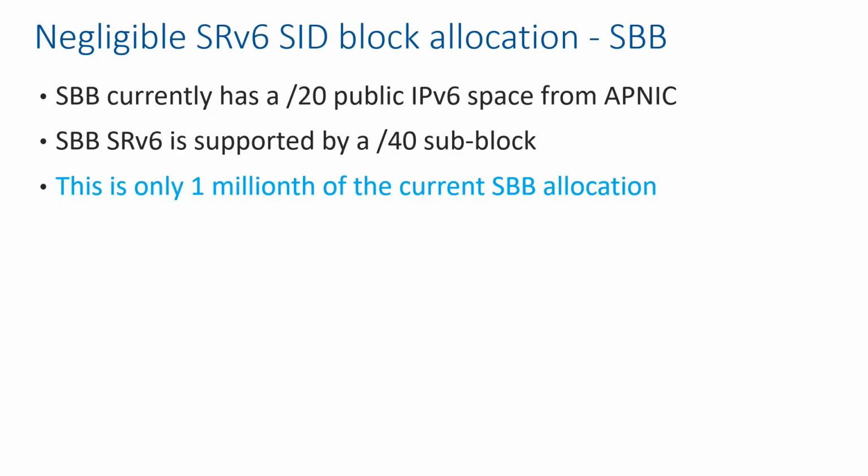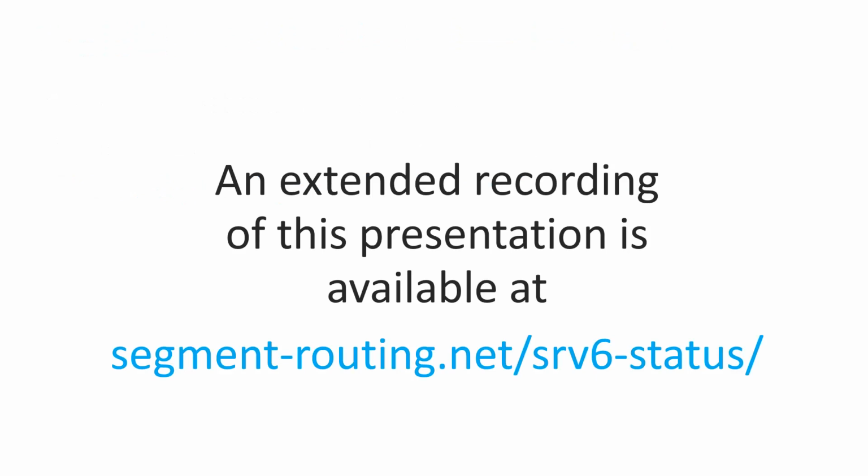Absolutely negligible. So many thanks to Sébastien from Iliad and Satoru-san from SoftBank for sharing the specifics of the deployment to really show that the SRv6 SID allocation for the network programming is absolutely insignificant compared to the IPv6 address space that is available either through private block or public block.